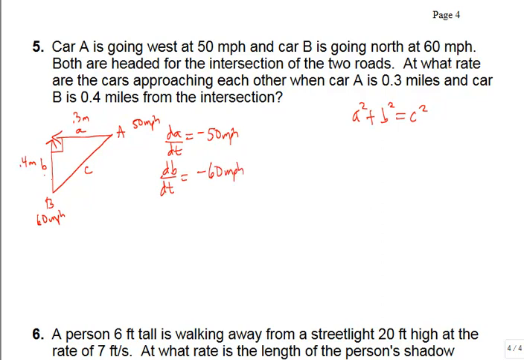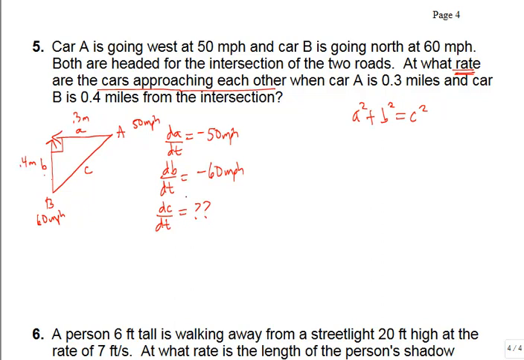And what we're trying to find is the rate, or derivative, at which the distance between the two cars is getting smaller and smaller. So the distance between the two cars is this c. So its rate of change is dc/dt, and that's our unknown in this problem.